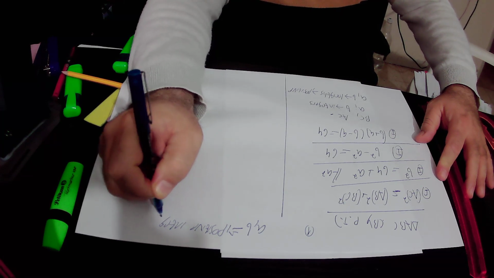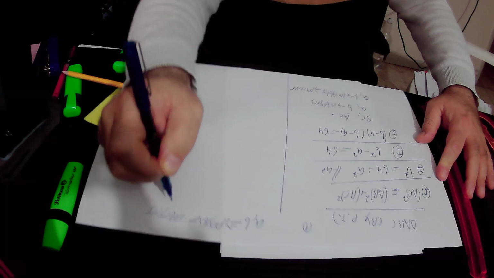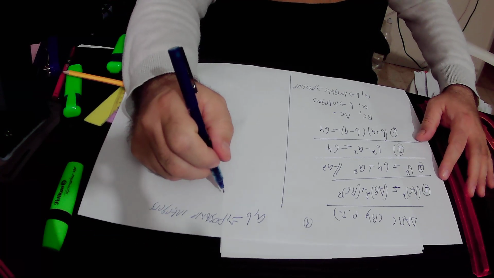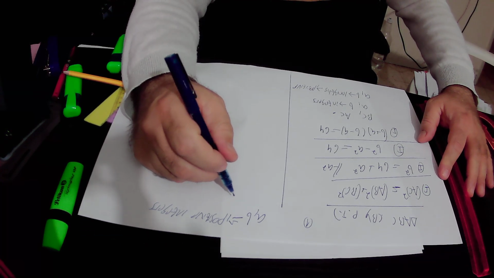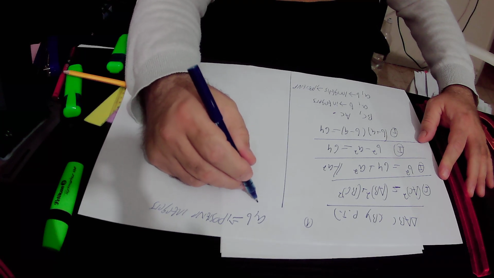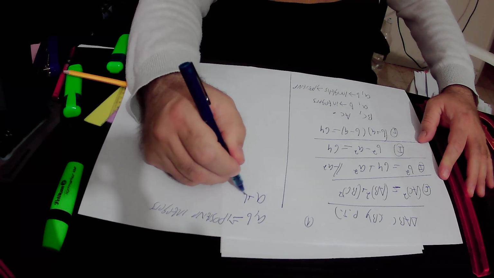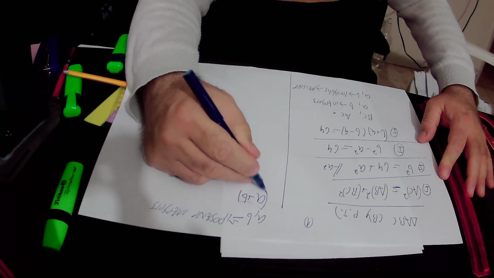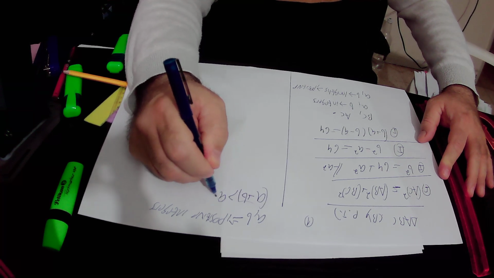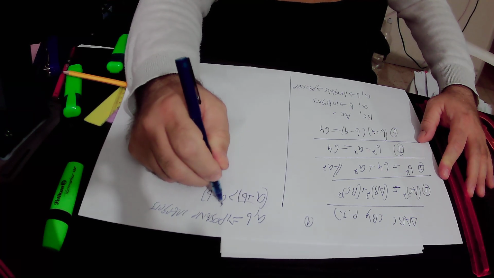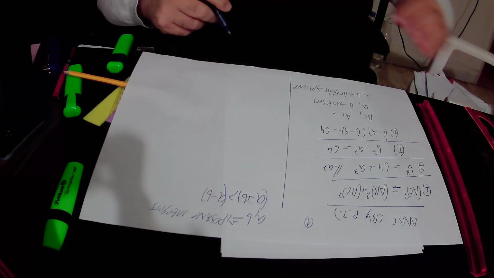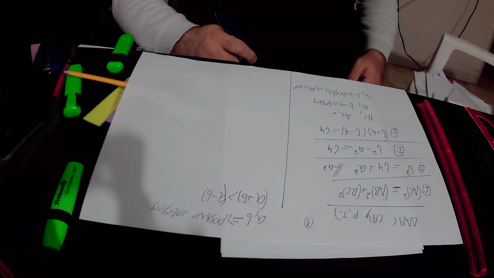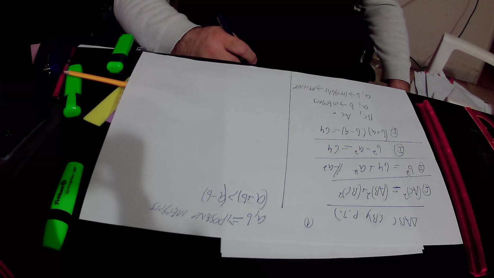And because A and B are positive integers, it means that A plus B must be greater than A minus B. Because when you have positive integers and you add two numbers, the sum will always be greater than the subtraction of those two numbers.